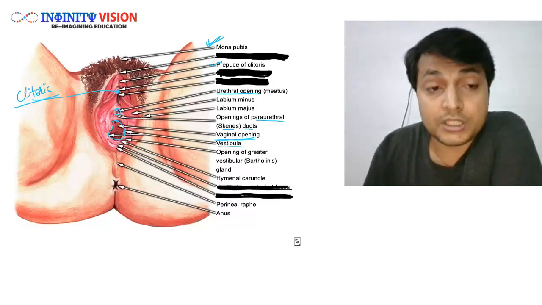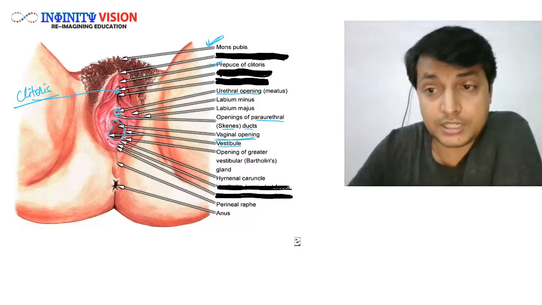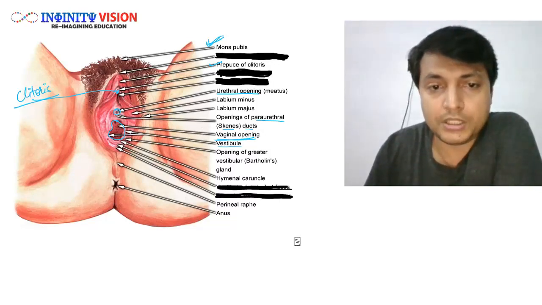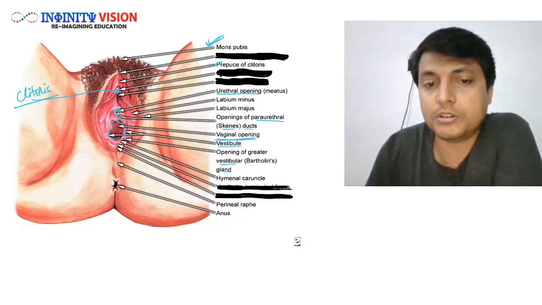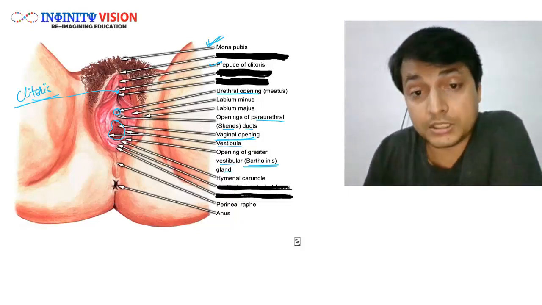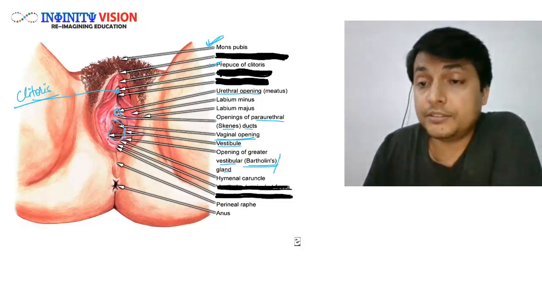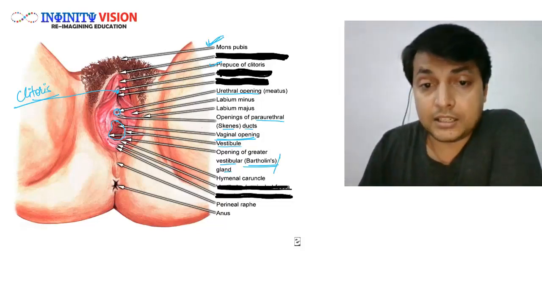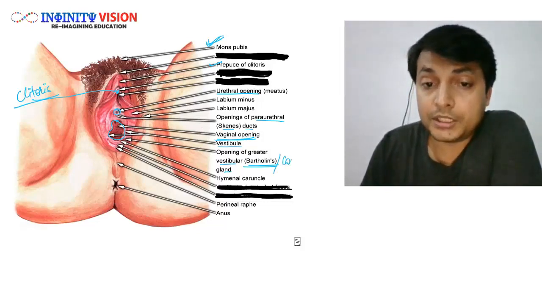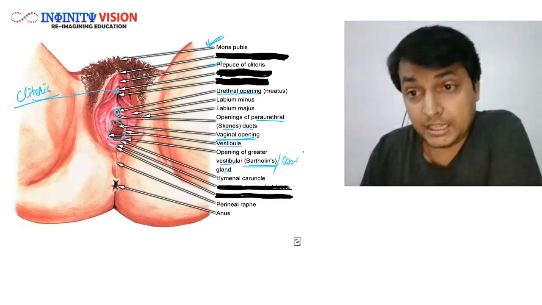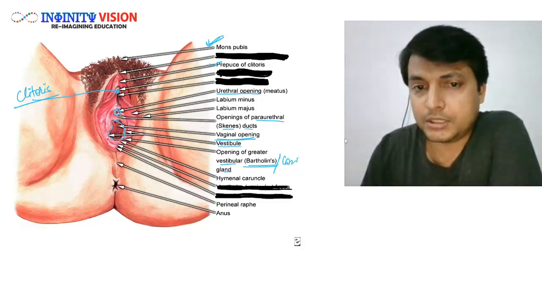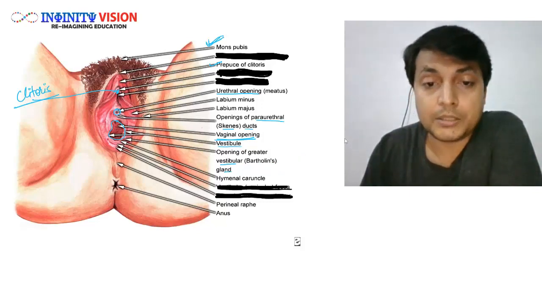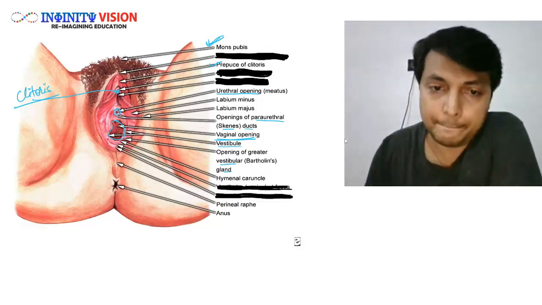On either side, on the downside of the vaginal opening, you will find the opening of the greater vestibular gland, also called Bartholin gland, and this is the analogous structure to the Cowper's gland, or bulbourethral glands, in male. Okay, so Bartholin gland in female and Cowper's gland in male.